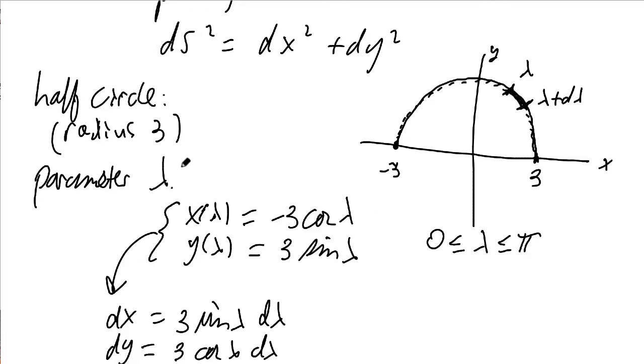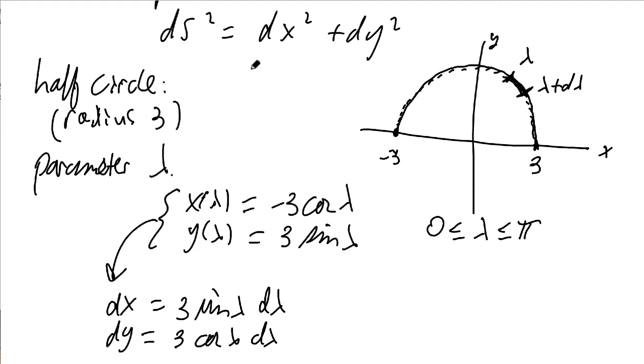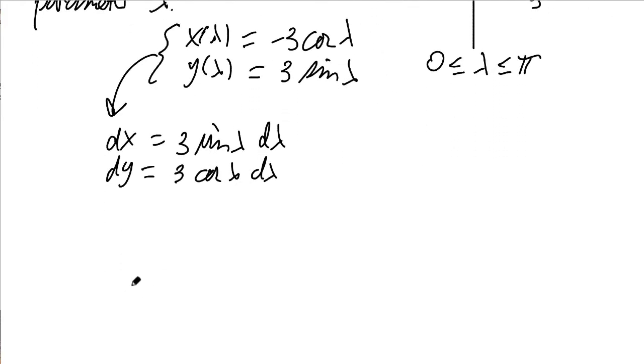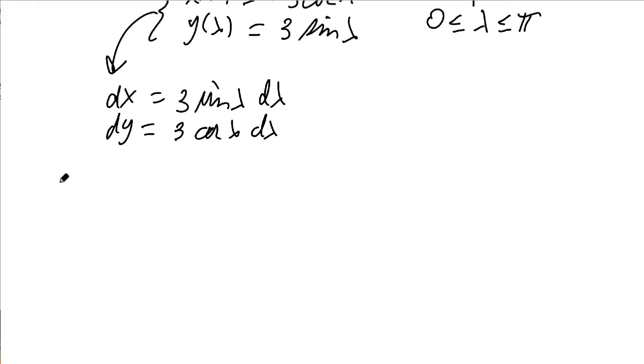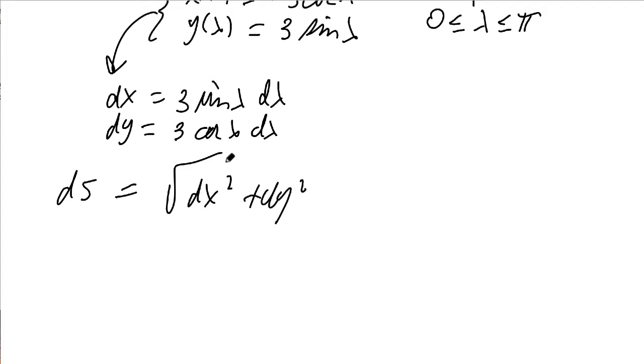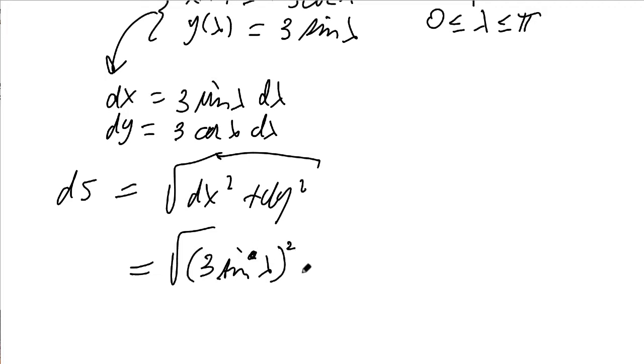All right, so ds. Well, first let's write ds. Okay, ds is square root of dx squared plus dy squared. And using our expressions for dx and dy, this is 3 sine lambda quantity squared d lambda squared.